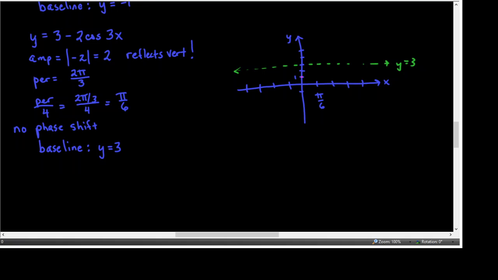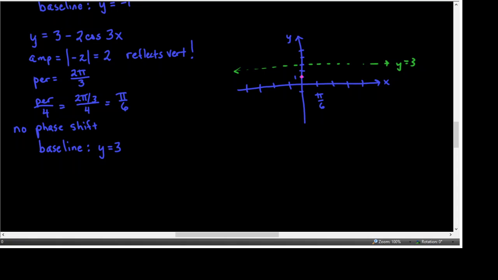So notice that by doing that substitution, we can check that, because cosine normally starts at the high. But because the vertical reflection is happening, it starts at a low instead. And how low? Well, the amplitude's 2, so that low point, notice, is 2 below the baseline, which is good.